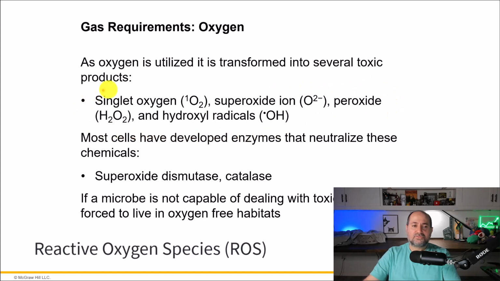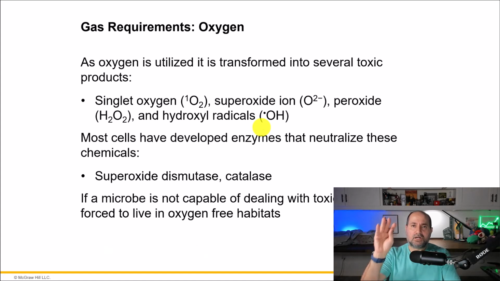They're called free radicals, or ROS. ROS means reactive oxygen species, okay? And unless the cell has specific enzymes that are meant to deal with these radicals, then the cell ends up getting destroyed.